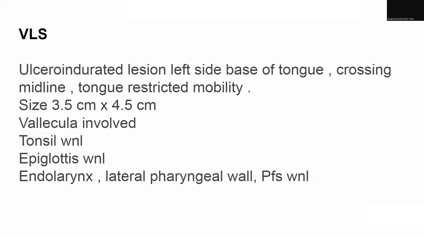We found an ulcero-indurated lesion on the left side base of tongue, crossing midline. Tongue had restricted mobility. The size of the lesion was 3.5 into 4.5 centimeter. Vallecula was involved. The tonsil, epiglottis, endolarynx, lateral pharyngeal wall, and piriform sinus all were within normal limit.